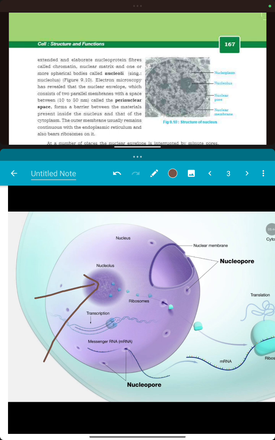Electron microscopy has revealed that the nuclear envelope consists of two parallel membranes with a space between them of 10 to 15 nanometers. Means this one here is the outer membrane, and this is the inner membrane.